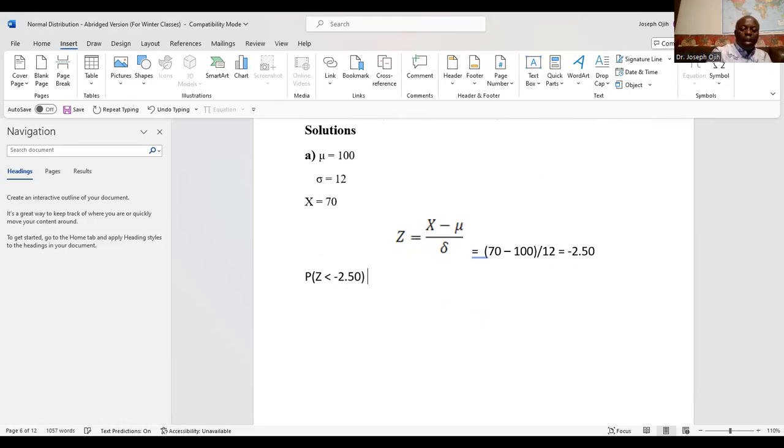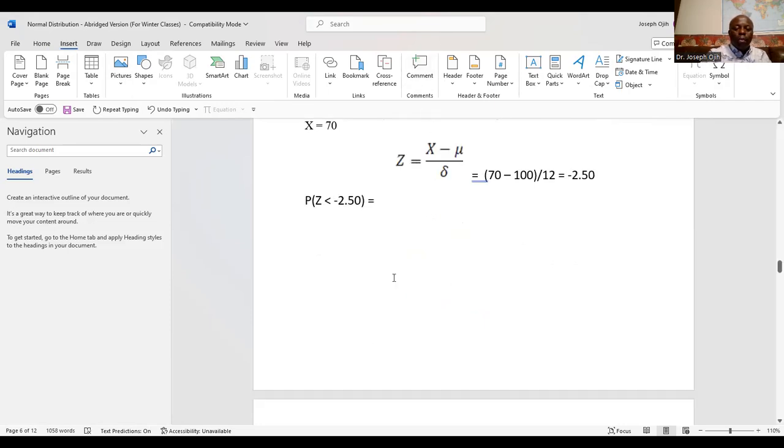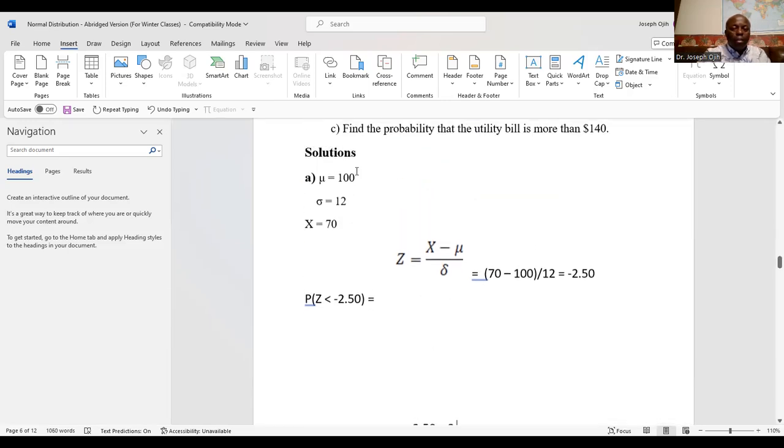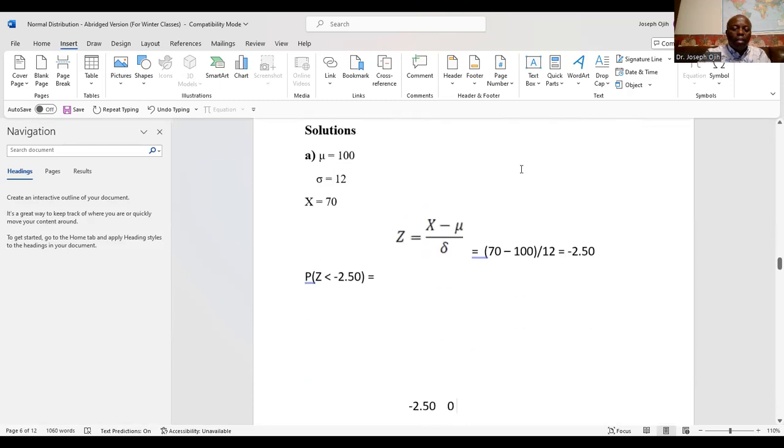To get that, we need to draw our chart. So I'm going to draw it here. We have negative 2.50 and 0, because this says less than that.